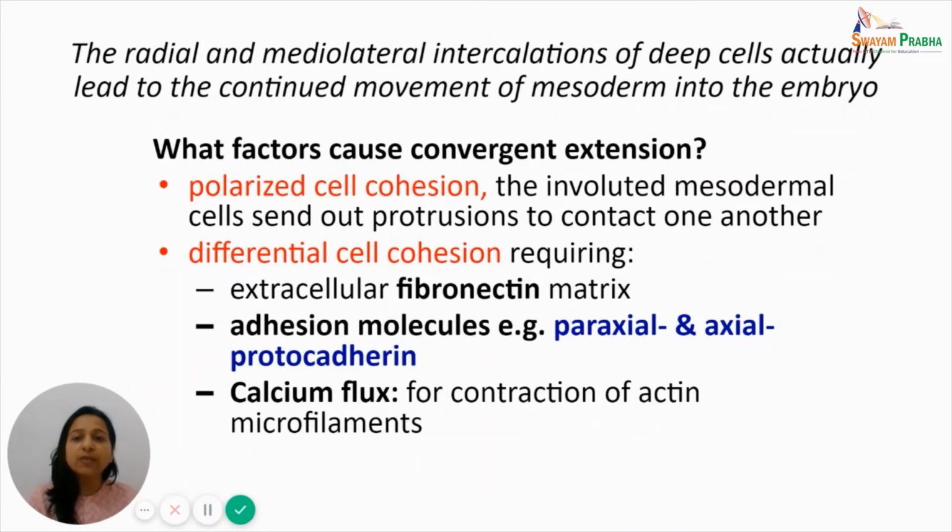The second important factor is the differential cell cohesion, which requires an extracellular fibronectin matrix as well as adhesion molecules, for example, the paraxial and axial protocadherins, which begin to be transcribed in the paraxial and axial mesoderm respectively. Convergent extension also requires a calcium flux for contraction of the actin microfilaments that are responsible for causing these kinds of intercalating movements.